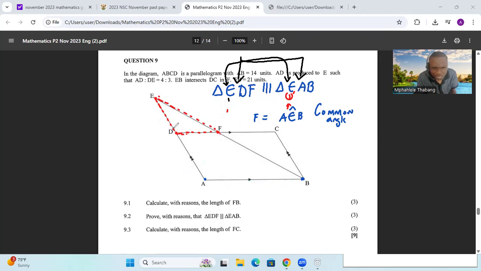The angle D in EDF, we are checking if it's equal to A in EAB. So let's check EAB.